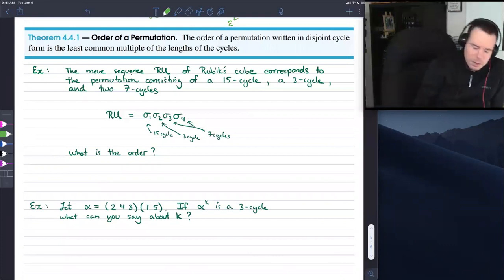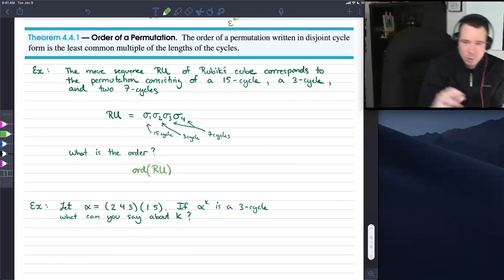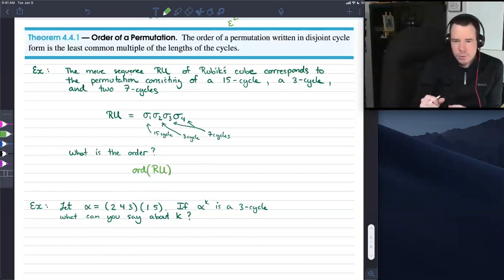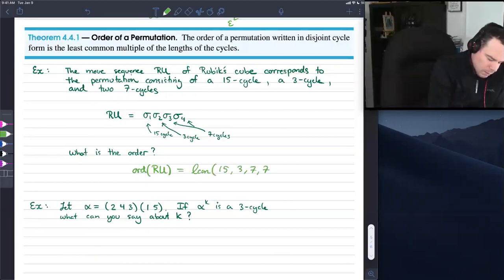And then we could ask, what is the order? So if I do that move again and again and again, so RU, RU, RU, and I keep going, when do I eventually get back to where I started from? Well, this is going to be the least common multiple of 15, 3, 7, and 7.